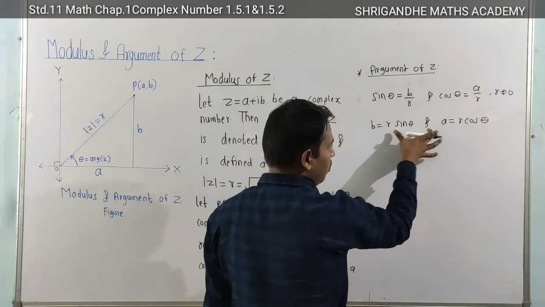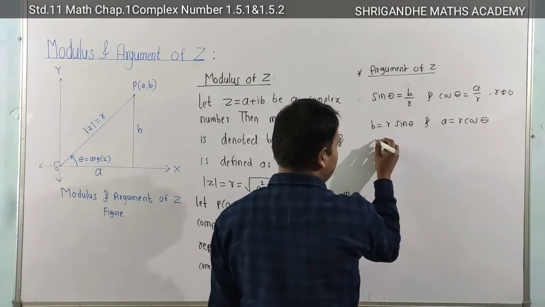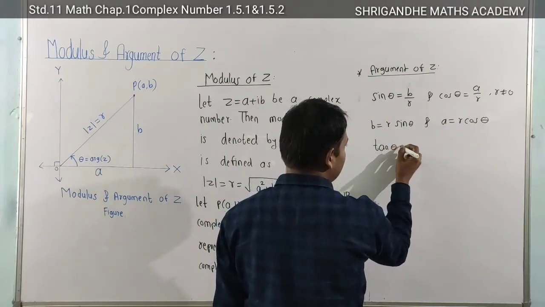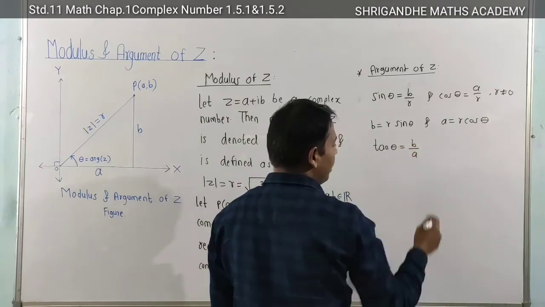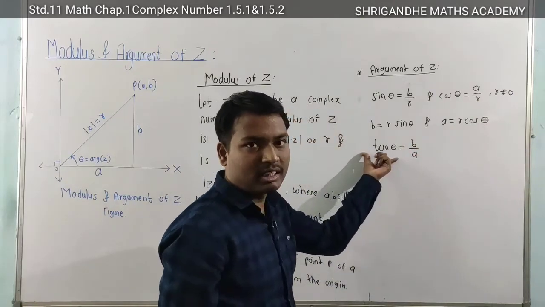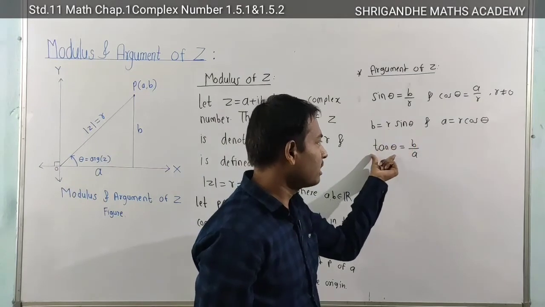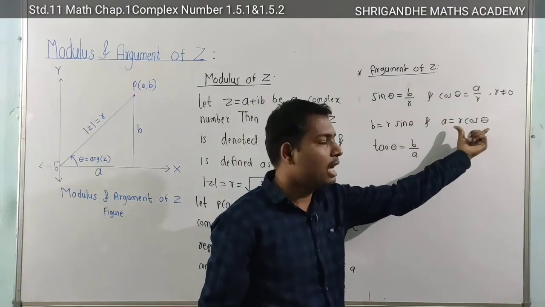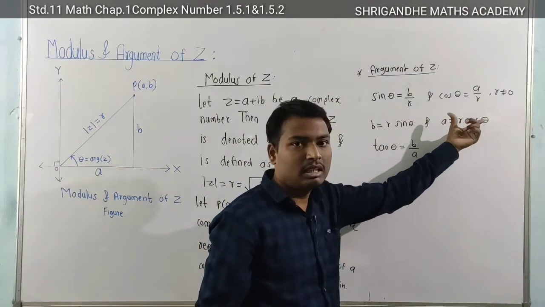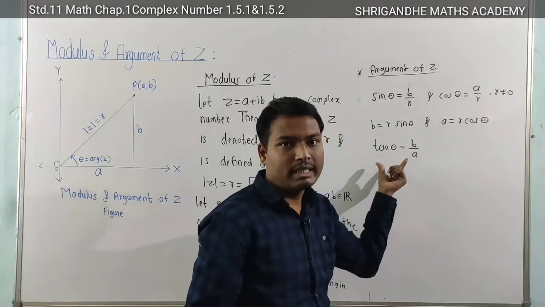Okay, therefore from these two equations we have tan theta is equal to b upon a. Why? Because tan theta is equal to sin theta upon cos theta. Therefore tan theta is equal to r sin theta upon r cos theta. R gets cancelled, sin theta upon cos theta is equal to tan theta.